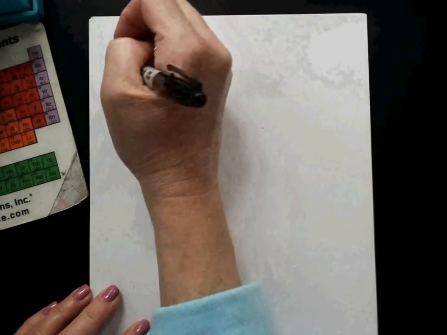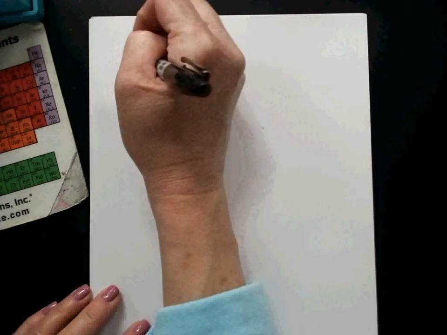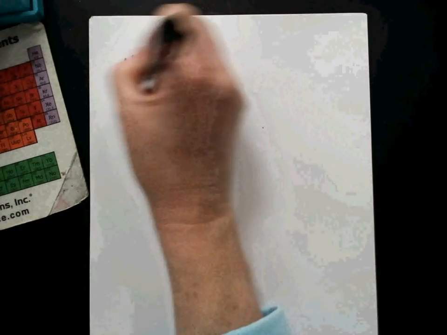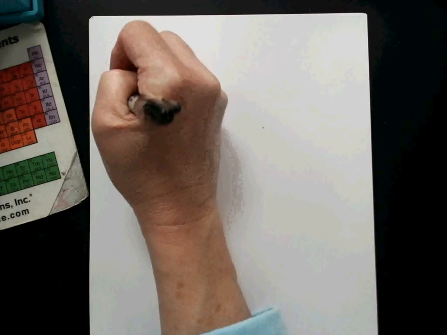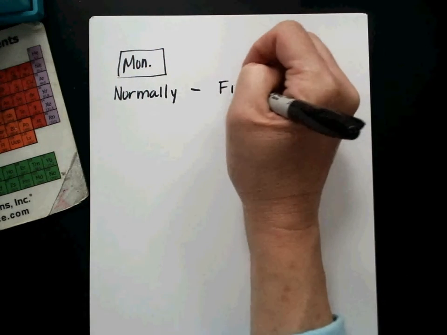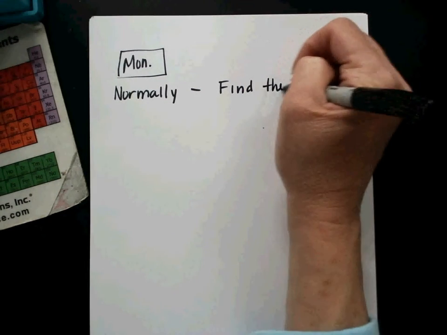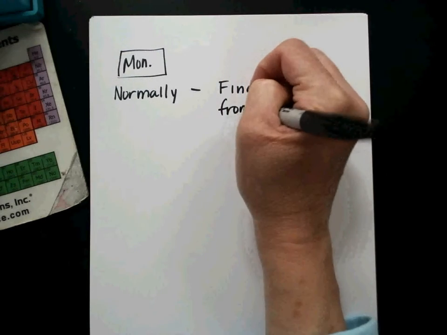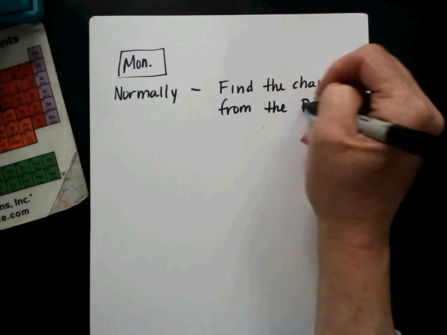So let's look at polyatomic really quickly. Oh no, wait. I'm going to go on with monatomic for just a minute so I can show you something. If I have monatomic, normally we find the charge from the periodic table.